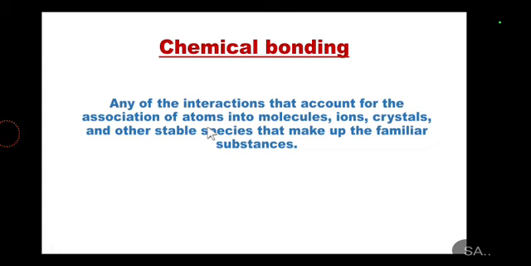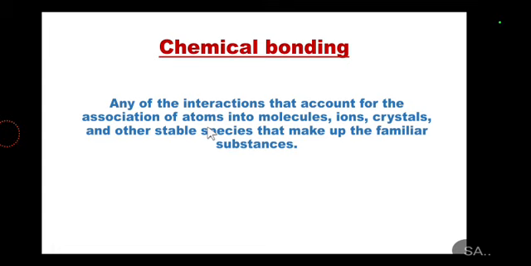Like the atoms, they must have 2 electrons in their valence shell, that is the outermost shell, or 8 electrons in their outermost shell in order to stabilize. So if 2 electrons are found in the valence shell, then that atom gets stabilized, and if 8 electrons are found in the valence shell, then they are stabilized.